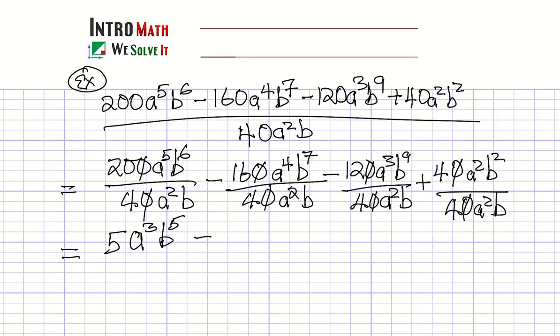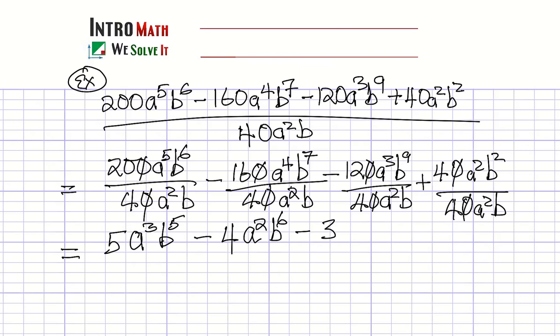Okay, you go negative 16 divided by 4, you get 4. And then you get a raised to the power 2, b raised to the power 6. Okay, you get negative 4 divided by 12, you get 3.